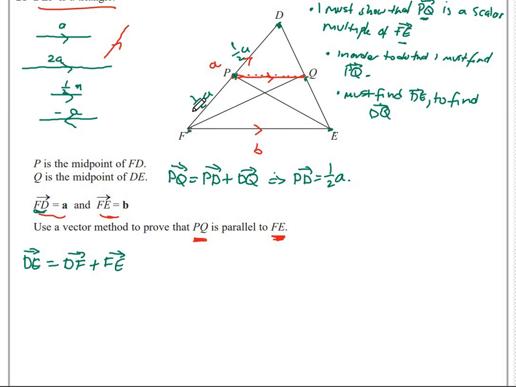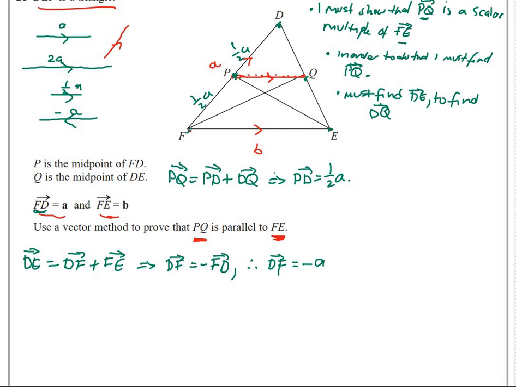FD is the vector going from F to D, and that's A. So DF is the opposite of FD, so it's negative FD. And so DF equals negative A, because FD equals A.